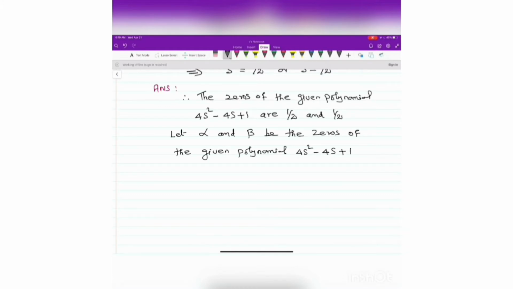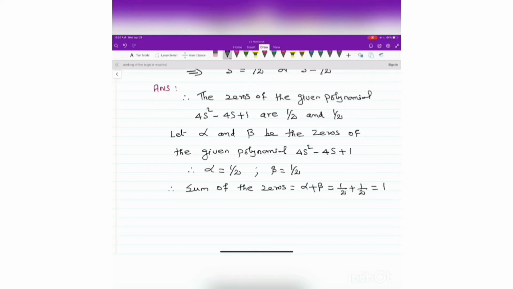Then what do you get? Because already you got the zeros of the polynomial is half and half, but you have taken alpha and beta to be the zeros of this particular polynomial. So, therefore, you can take alpha is equal to 1 by 2 and beta is equal to 1 by 2. Sum of the zeros is equal to alpha plus beta is equal to, when you substitute the values of alpha and beta, you will be getting 1 by 2 plus 1 by 2, which is nothing but 1.